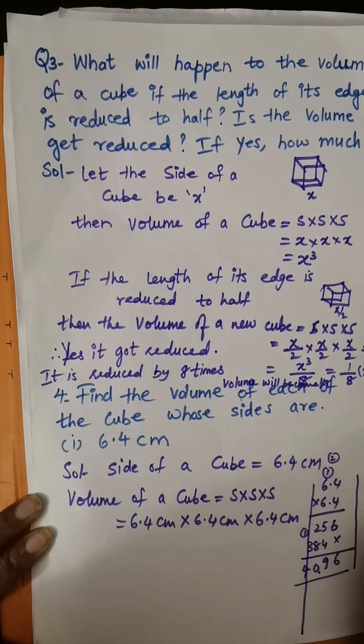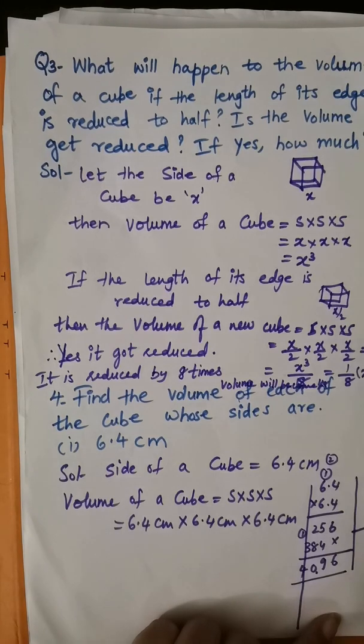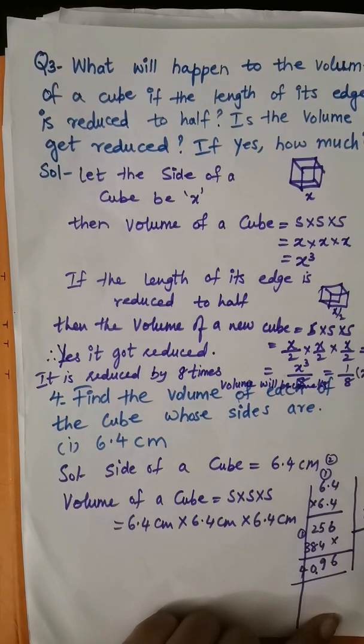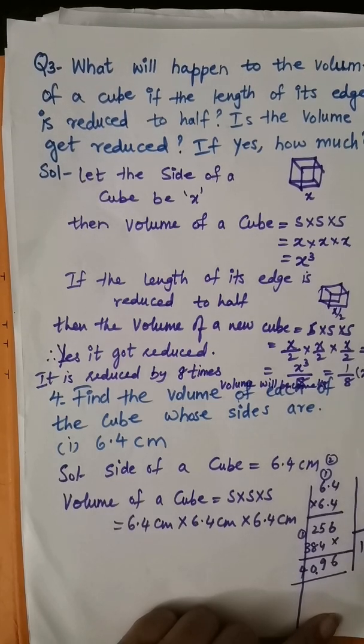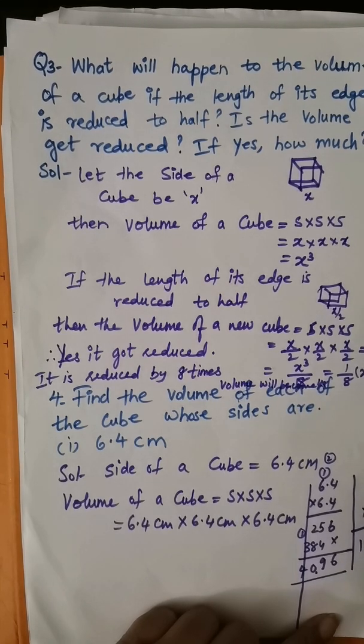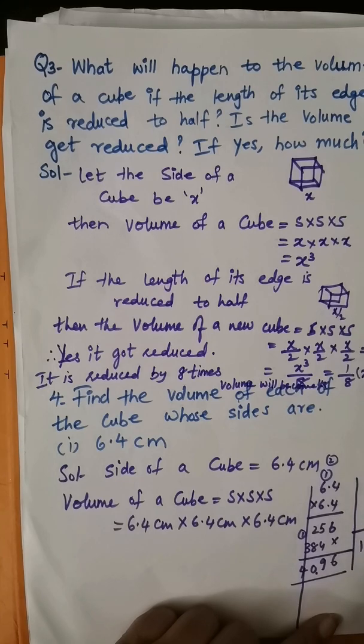Then again 40.96 into 6.4. 4 6s are 24. 4 9s are 36, 37, 38. 4 zeros are 0, 3, 4 4s are 16. Cross mark. 6 6s are 36, 6 9s are 54, 55, 56, 57. 6 zeros are 0, 5, 6 4s are 24.